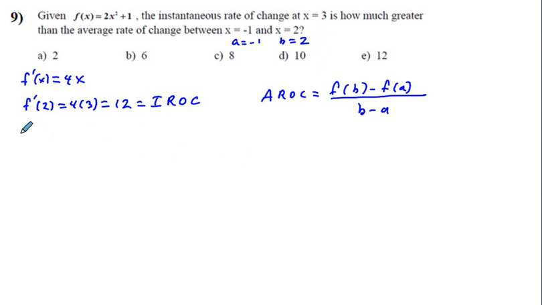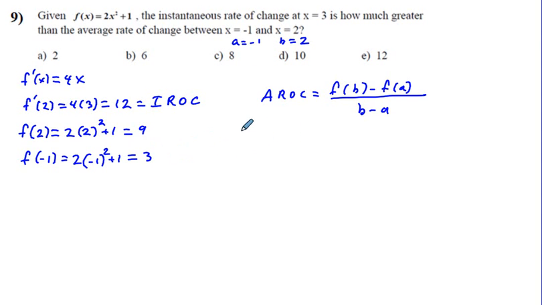Let's go ahead and plug in f(b). f(3) is equal to 2 times 3 squared plus 1, and 2 times 3 squared is 18, plus 1 is 19. f(negative 1) is equal to 2 times negative 1 squared plus 1, which equals 2 times 1 plus 1, which is 3.